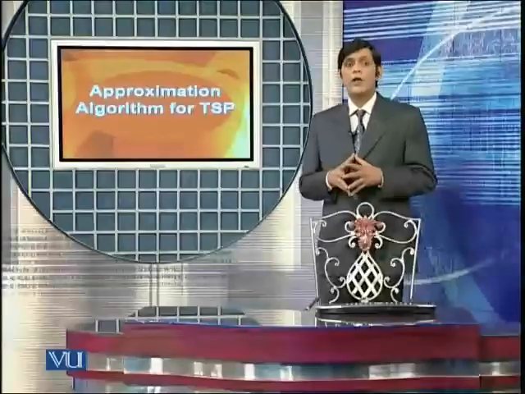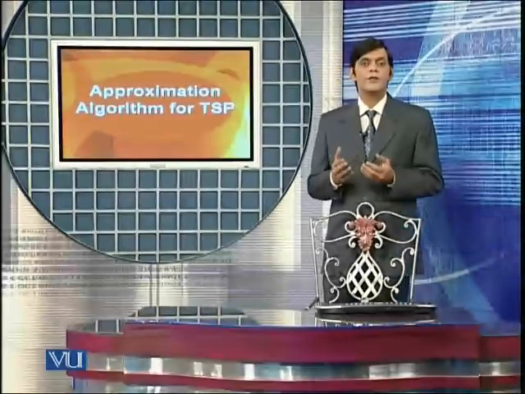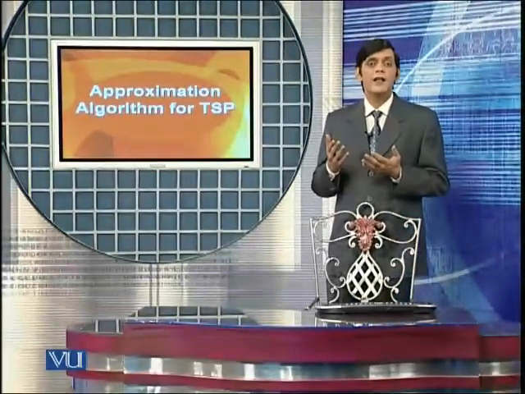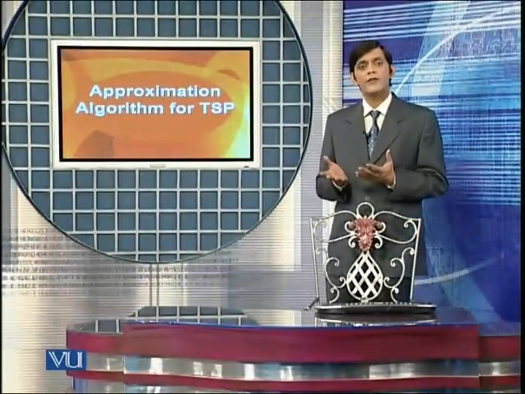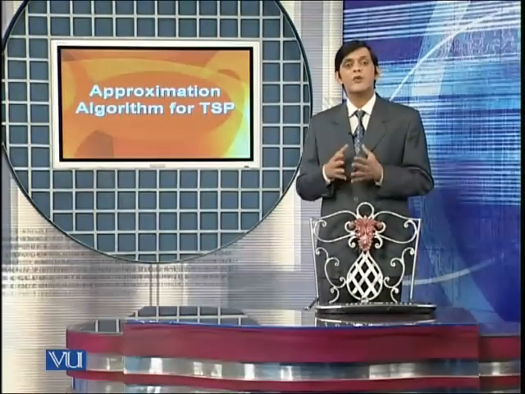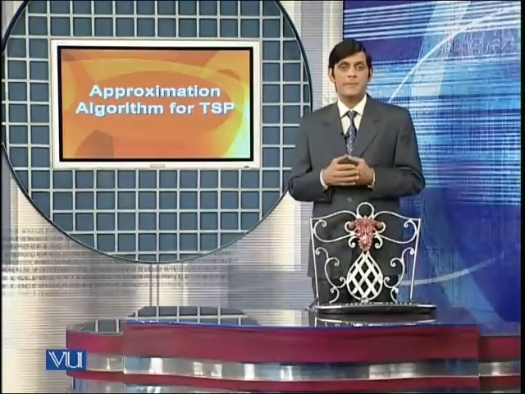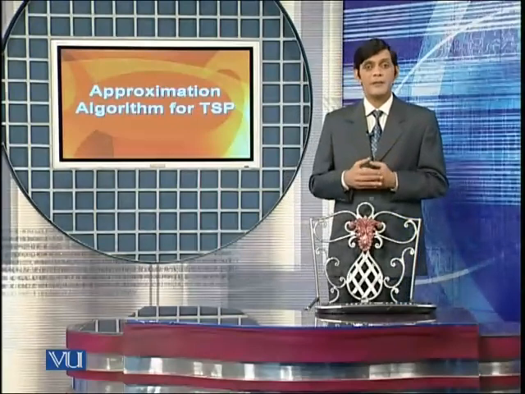So now in our algorithm, what do we do? Well, we start with the minimum spanning tree, and then we use DFS to traverse this tree. So what is going to be the cost of this tour? Well, from this fact, we realize that the cost of this tour is going to be exactly twice the cost of the tree. Now we chose the minimum spanning tree.